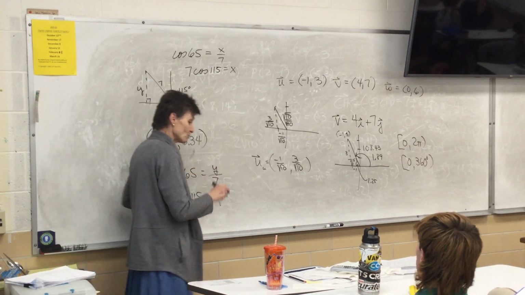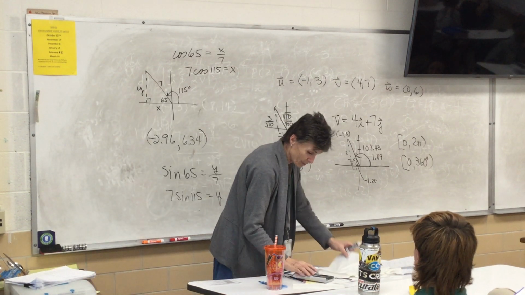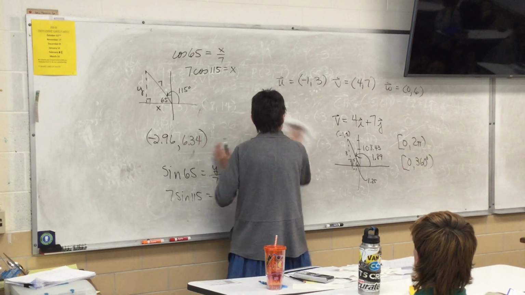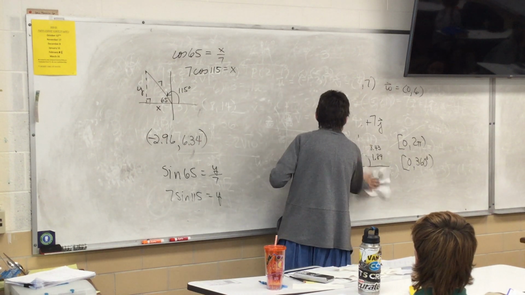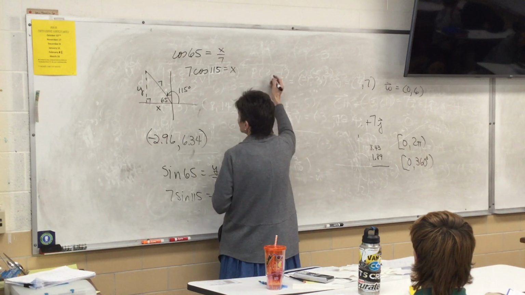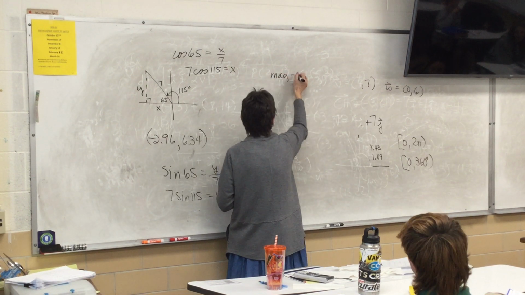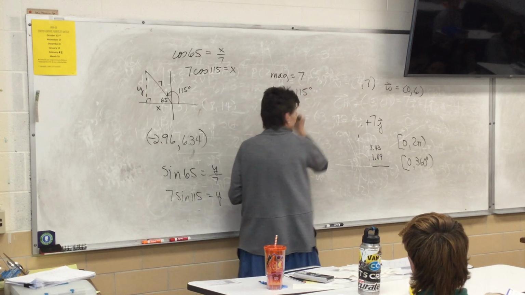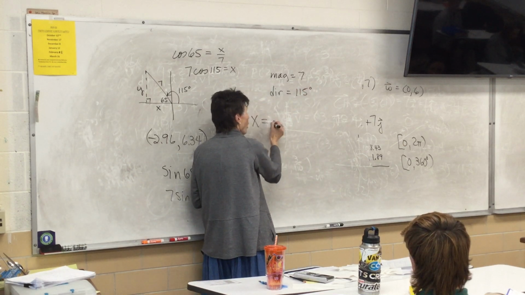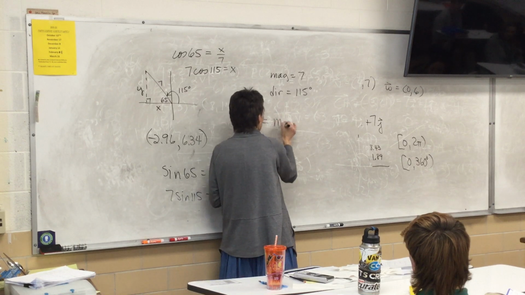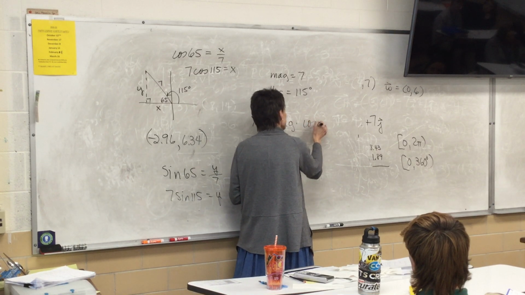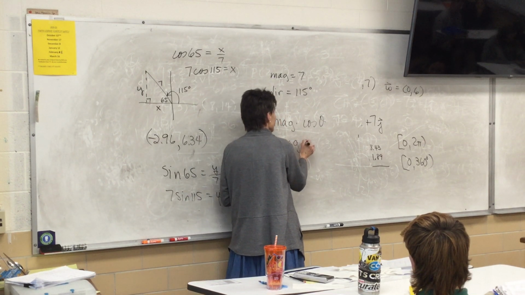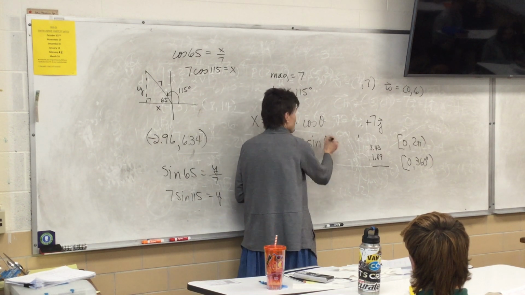So what I am trying to impress upon you is that you actually don't have to do quite as much work as we did. If you know the magnitude is 7, and you know the direction is 115, x will always be magnitude times cosine of the direction angle, and y will always be magnitude times sine of the direction angle.